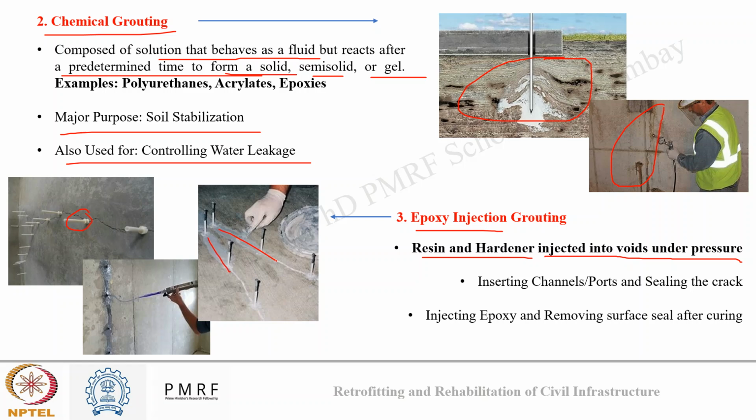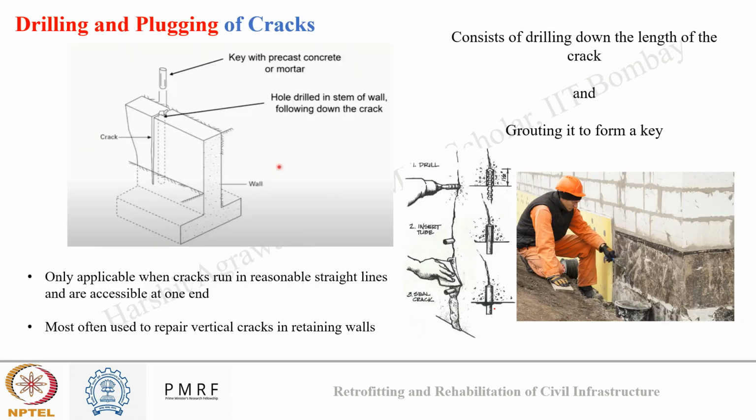Once this is done, we inject our epoxy grout through these ports so that it can fill the cracks. Later, when the curing period is over, the surface sealers are removed and our cracks are filled and cured.